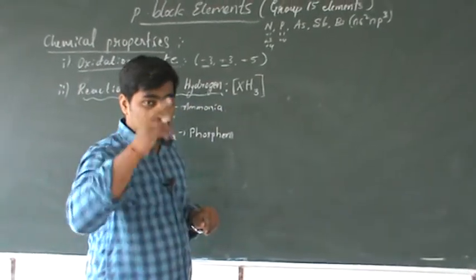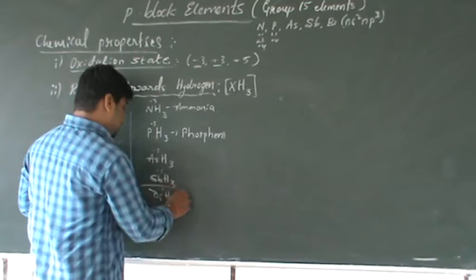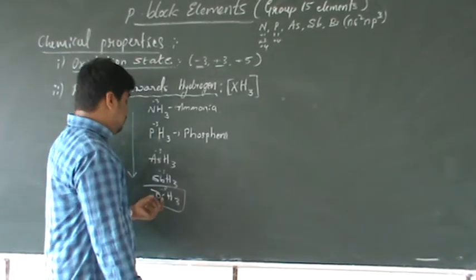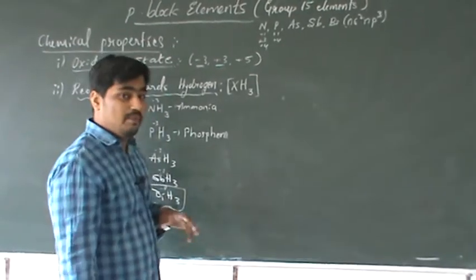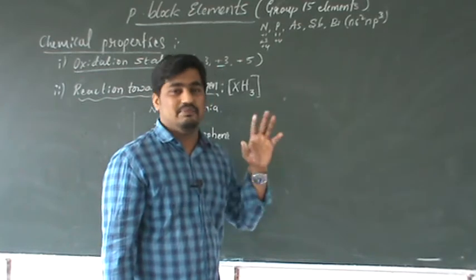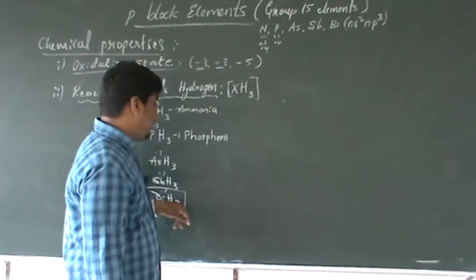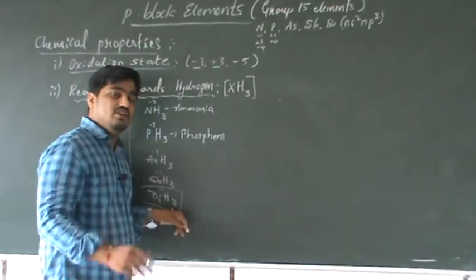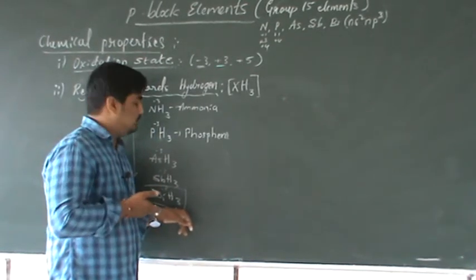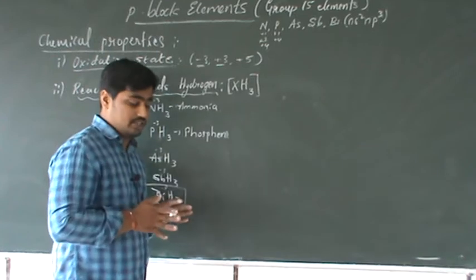Bismuth does not show -3. That means the bismuth hydride compound does not exist. Very simple. Bismuth hydride does not exist because of its instability. It is not a stable compound because the minus oxidation state is not stable.